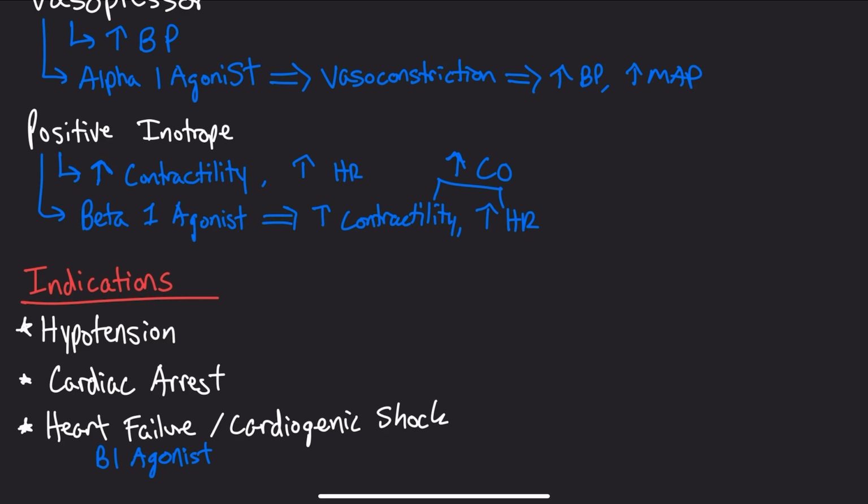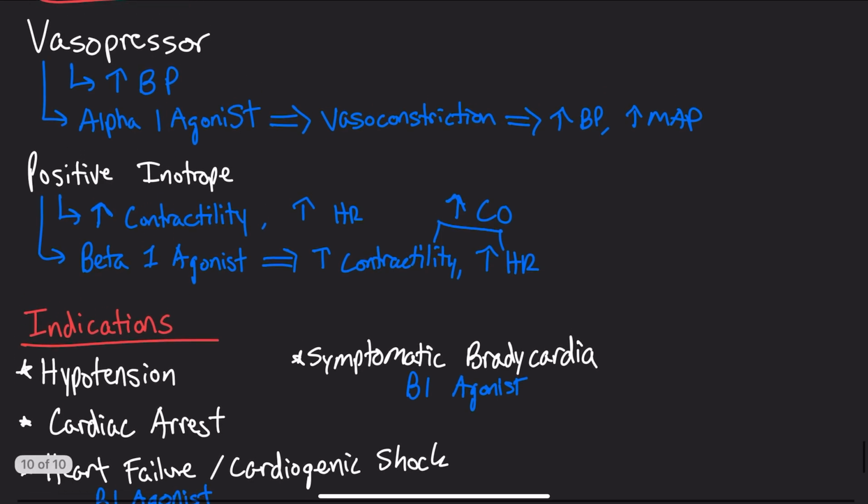And you could also see it in symptomatic bradycardia. Same thing here, it's used once again because of the beta 1 agonist. Similarly to norepinephrine, it's a pretty strong alpha 1 agonist, but the difference between epi and norepi is that epinephrine is a much stronger beta 1 agonist compared to norepinephrine.